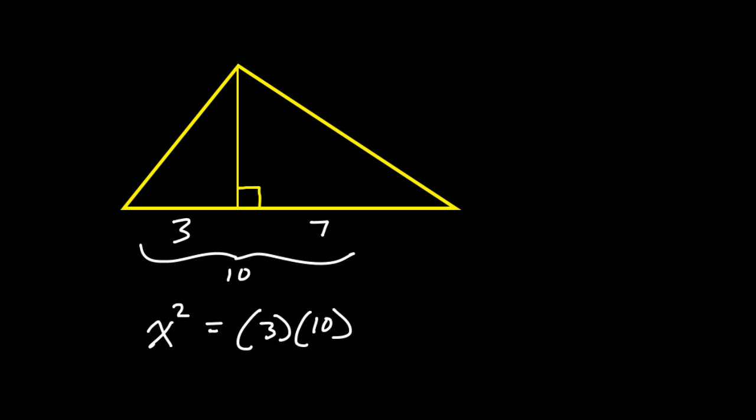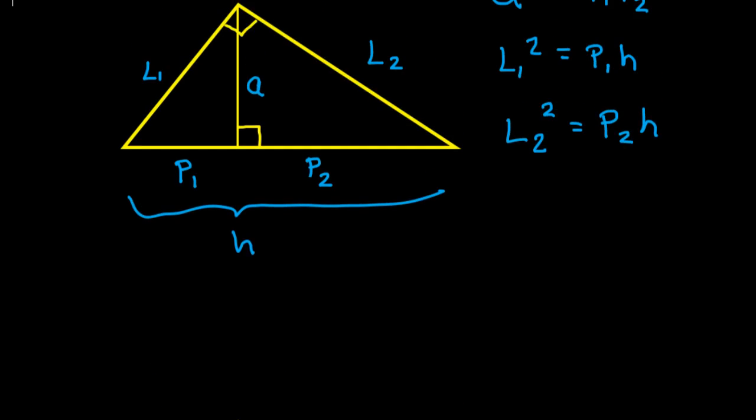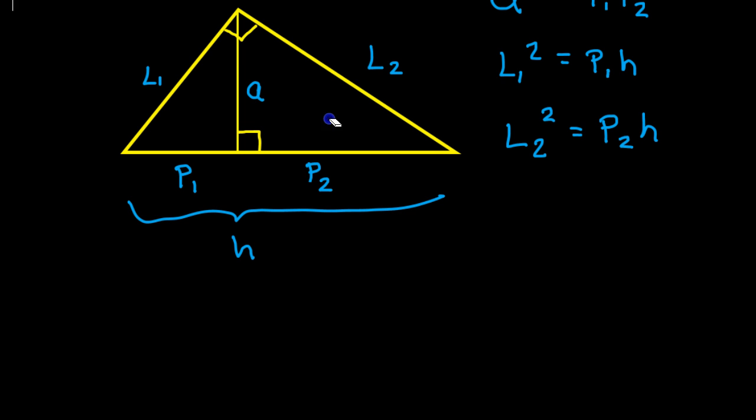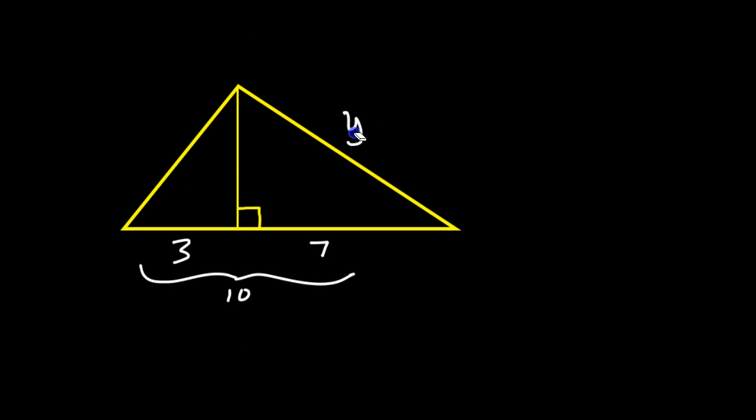What if I call it y, since I'm throwing it over here? What would be the situation now? This is the other formula that's really the same thing, just on the other side. It's another formula, this time about the other leg. I'm talking about y. So again, it should be leg squared is equal to part times the hypotenuse.